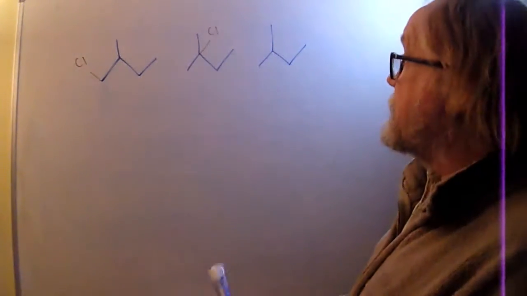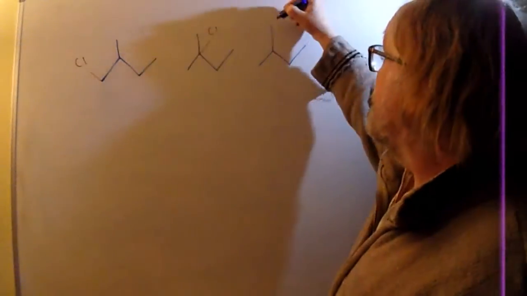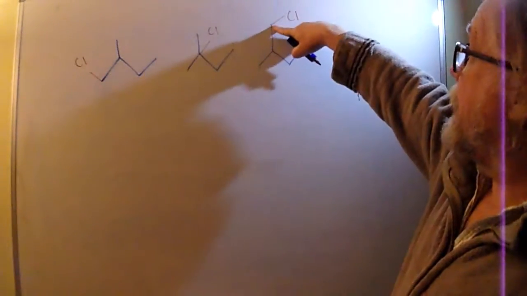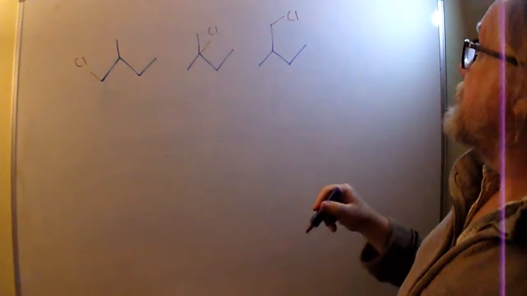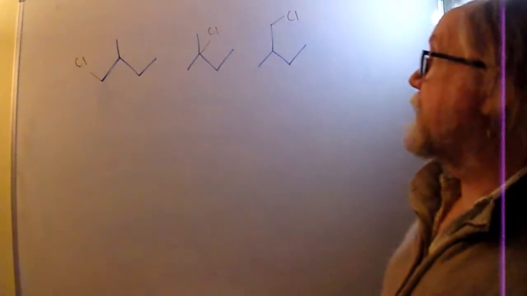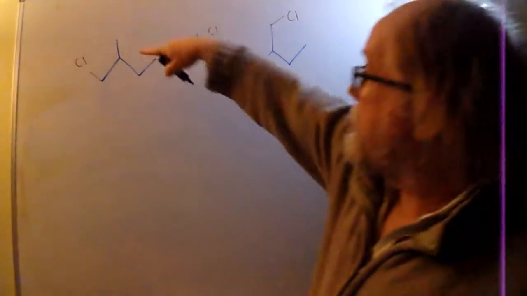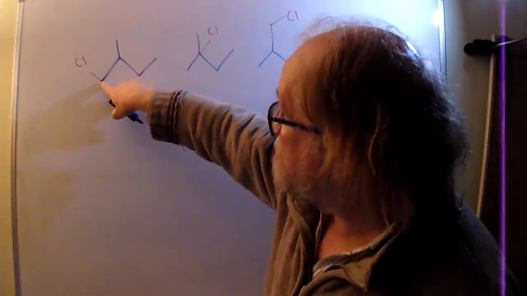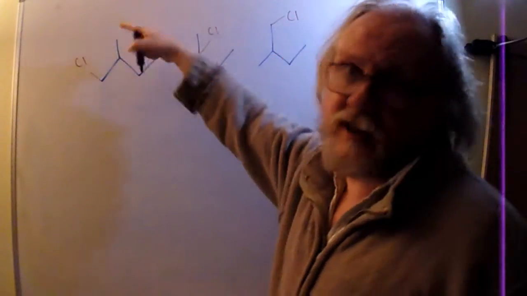You might be tempted, now you're on a roll, to do that and put another chlorine up there, but it's important to realize that this and that are the same thing. Remember, these two methyl groups are attached to the same carbon, so whether you put a chlorine on that one or on that one, it's the same thing.